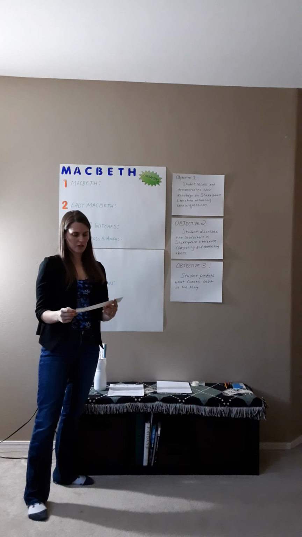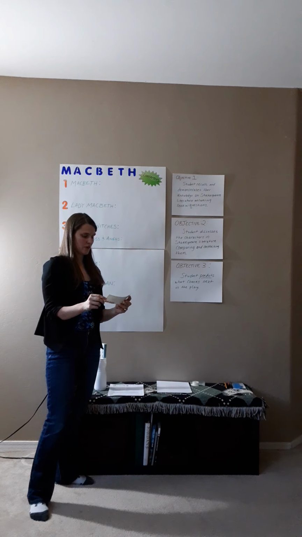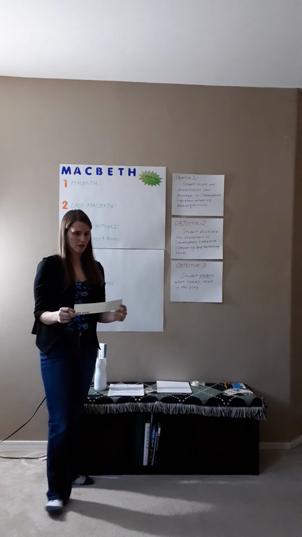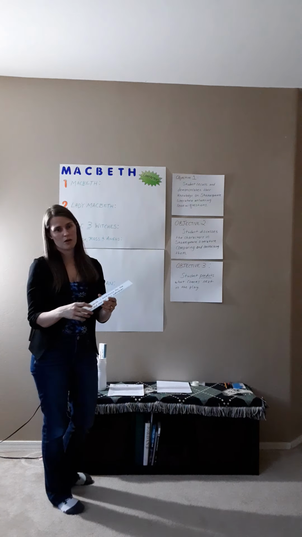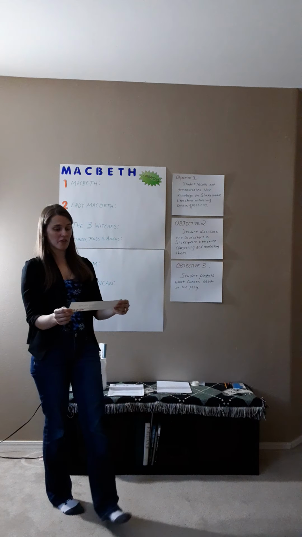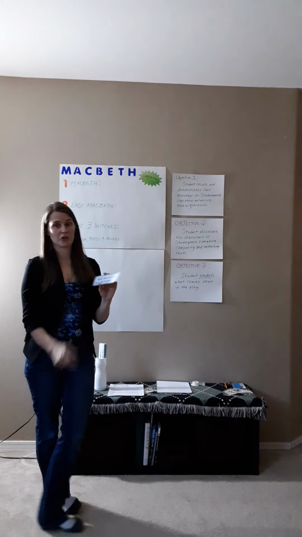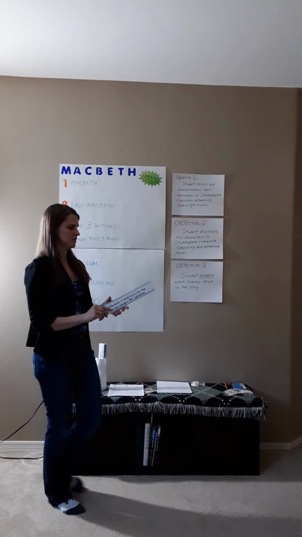Okay, Alicia, here's one for you. This character, I just want you to tell me which character this describes. So Macbeth is ambitious for the crown and murders this individual. Who is that?